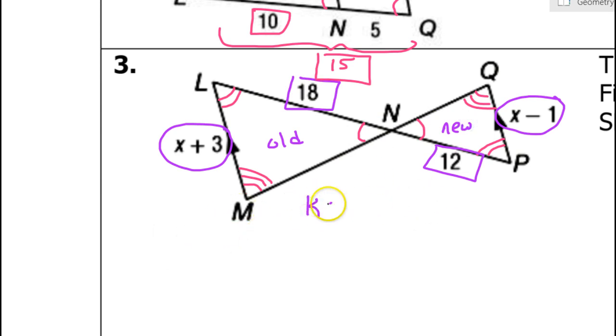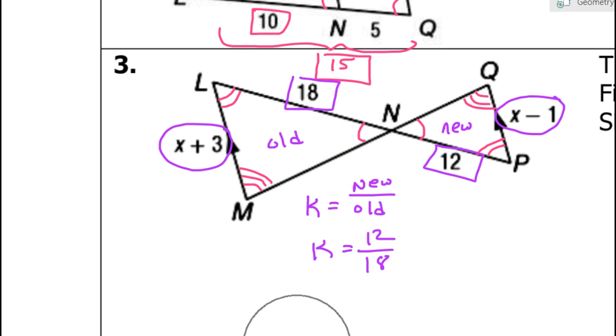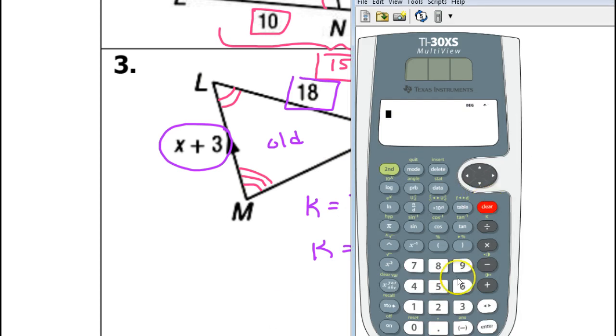And I know that the scale factor is always going to be a new length divided by an old length. So in this case, that would be 12 over 18. Okay, and this will reduce down. Both of these are divisible by 6. So this is going to be 2/3.